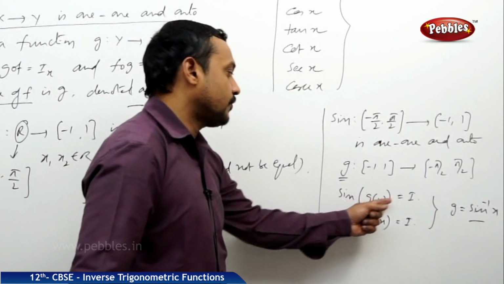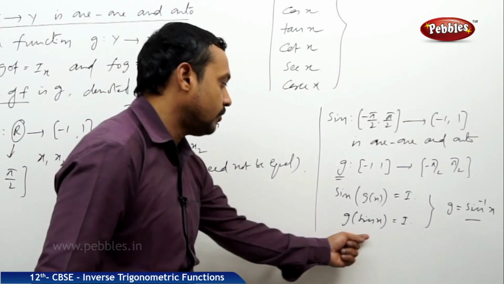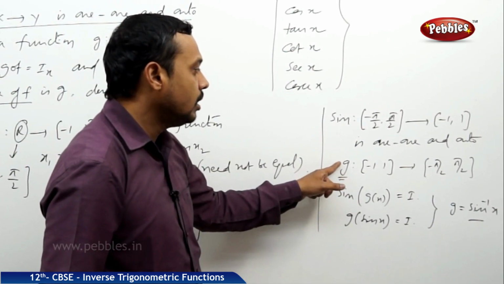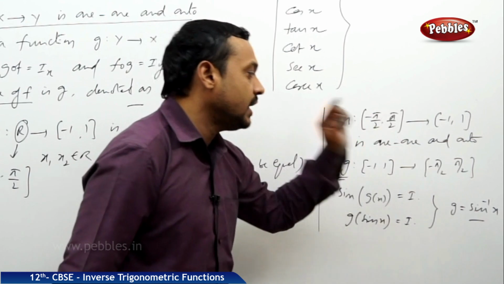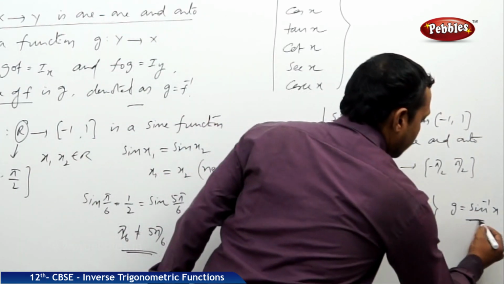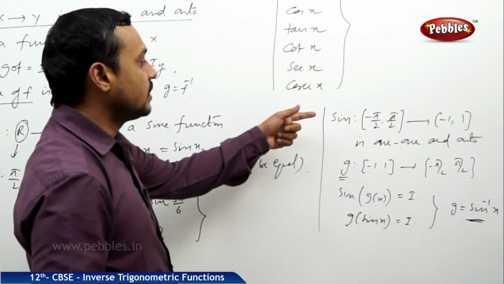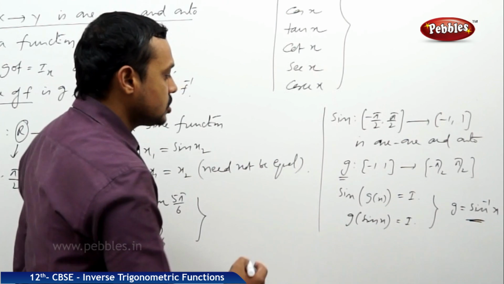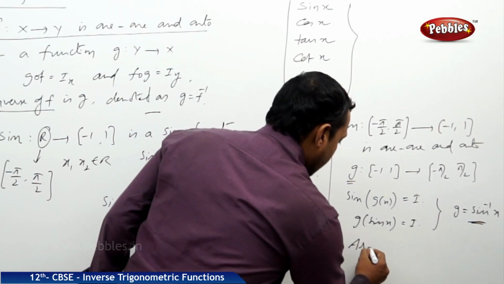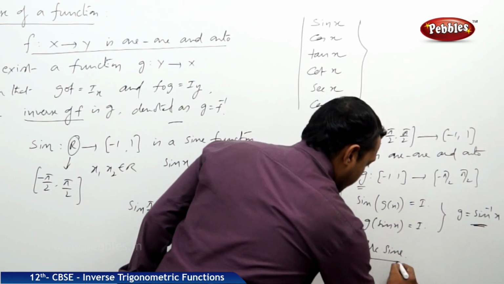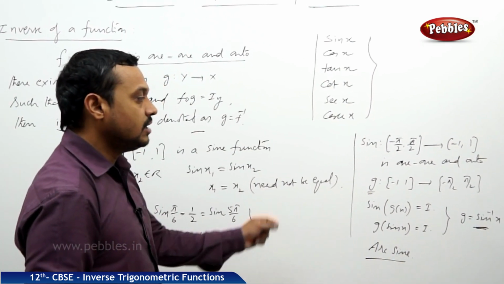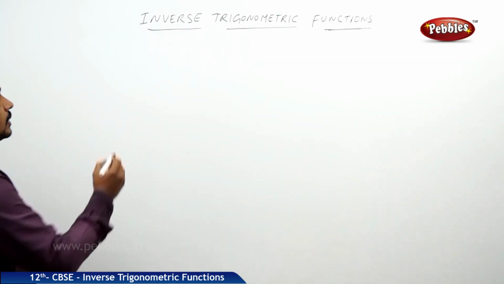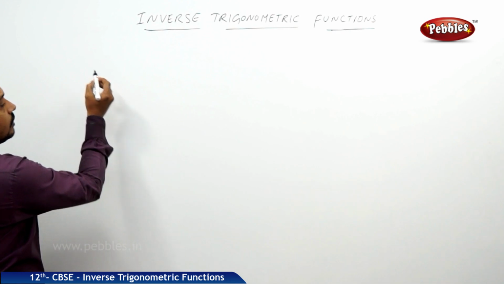Now, this sine inverse is the inverse of the given function sine, and sine inverse x is also known as arc sine. Arc sine or sine inverse x, that is the inverse of the sine function. Okay, now that is the definition of the inverse of a sine function.